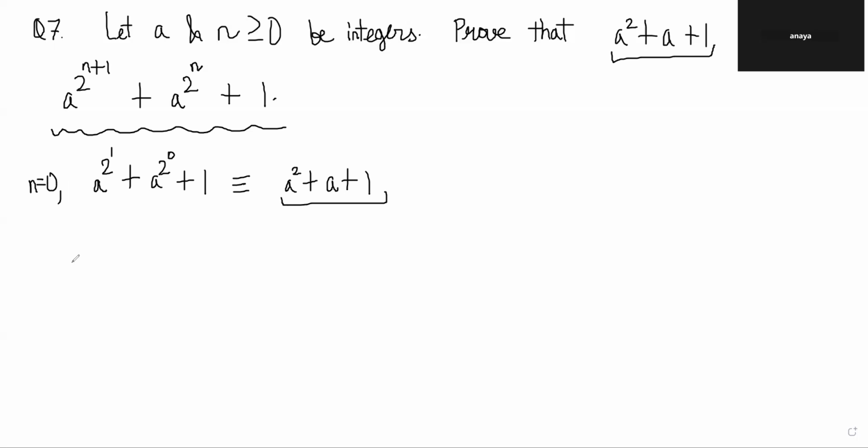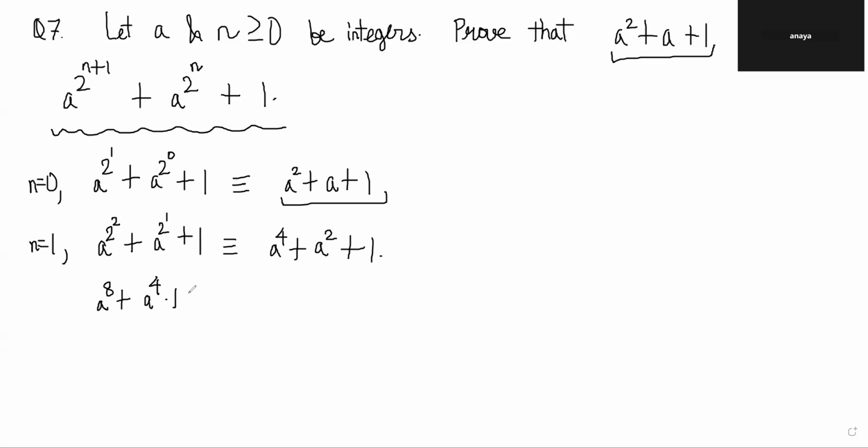This is the case n is 0. n is equal to 1: it is a power 2 power 2 plus a power 2 power 1 plus 1, which is a power 4 plus a square plus 1. As you keep increasing the n, you are getting a power 2 power 3, so a power 8 plus a power 2 power 2, so a power 4 plus 1.